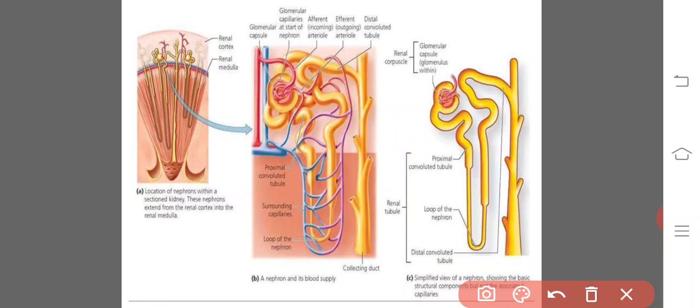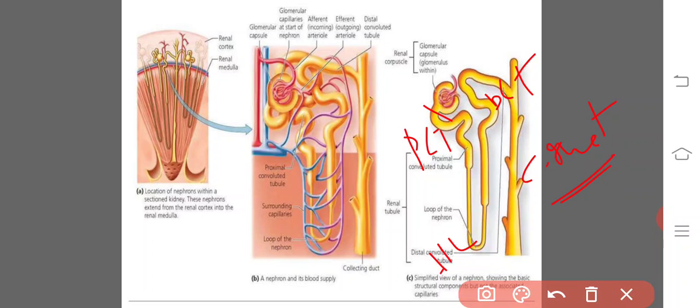Let us see one by one what are the specialties of the renal tubule. Renal tubule, actually it is a narrow, delicate tubule that arises from the posterior part of the Bowman's capsule, which is called the neck region. It opens into a long, narrow convoluted tubule, which is divisible into three parts, namely proximal convoluted tubule, Henle's loop, and the distal convoluted tubule that enters into the collecting duct.